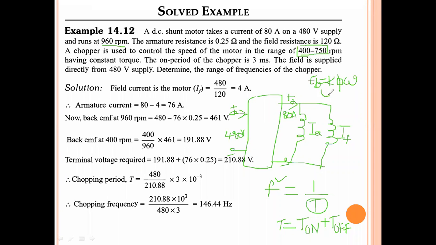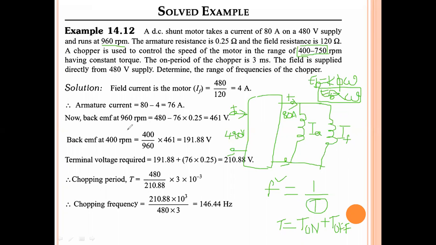If K and phi are constant for a given motor, then E_b is directly proportional to omega. We need this relation because the speed is changing, which means the back EMF is changing. So initially, we will calculate the back EMF for the given 960 RPM speed.